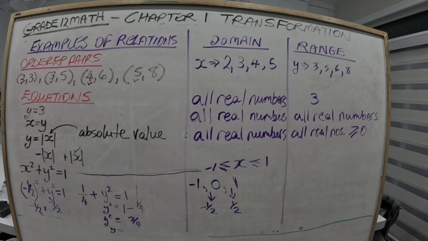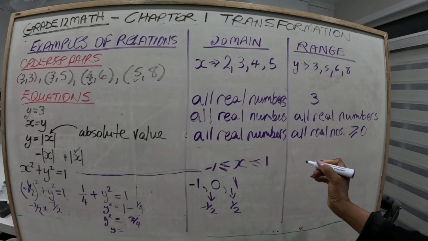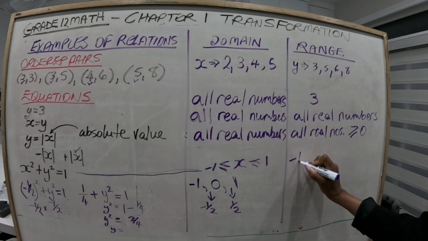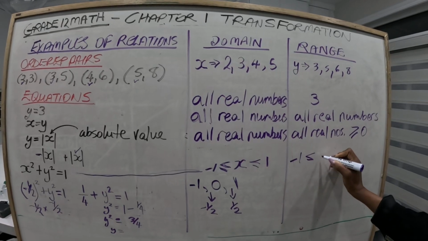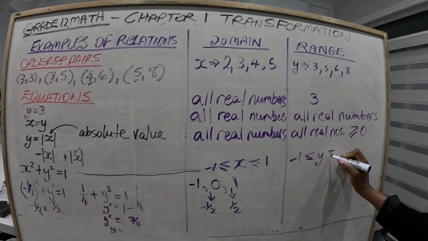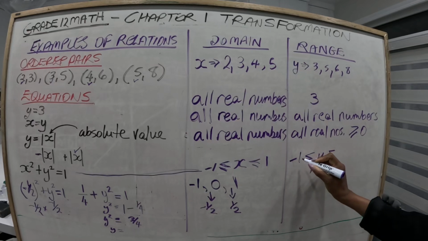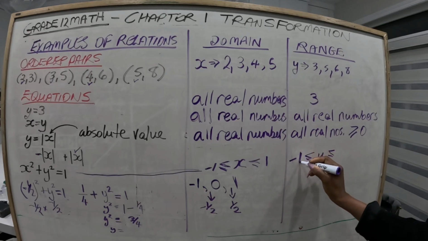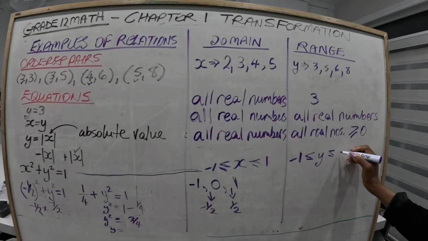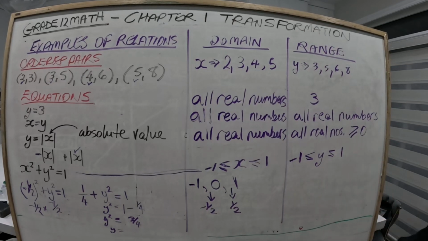And this is also grade 12 math, so everybody should know this. So y is greater than or equal to -1 and less than or equal to 1. So that will be the range.